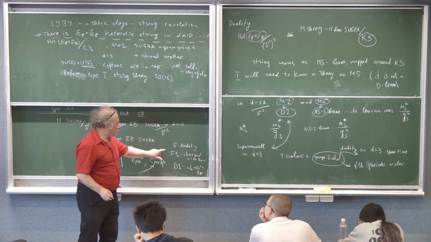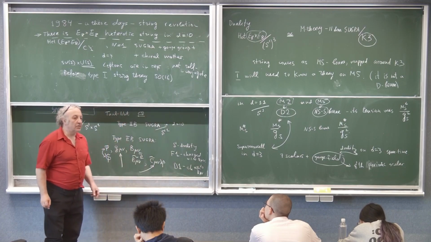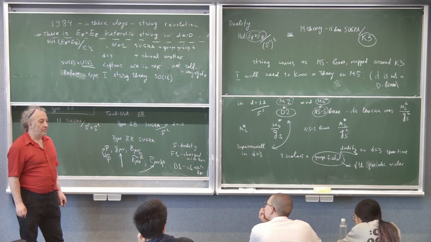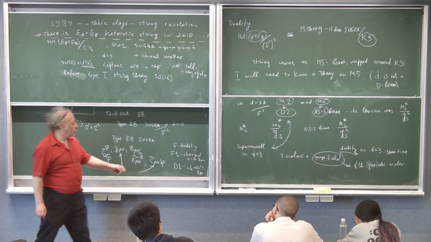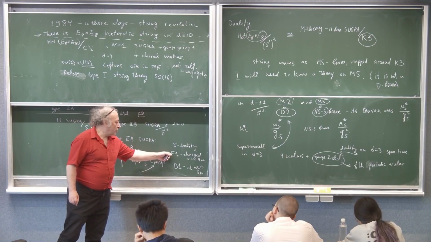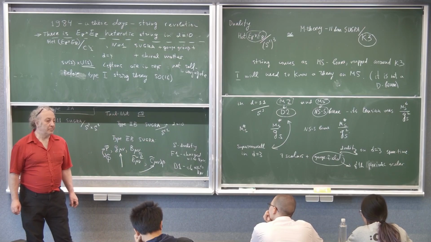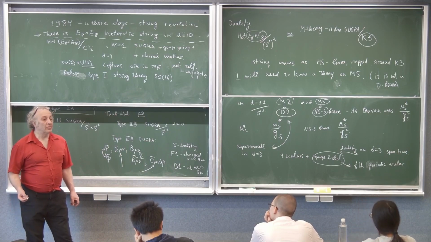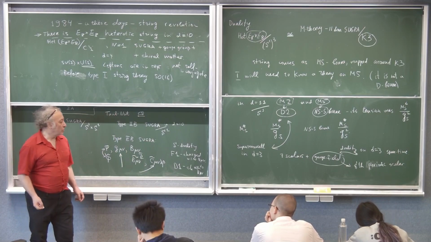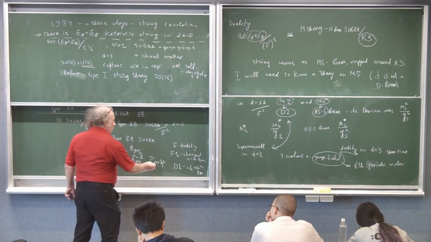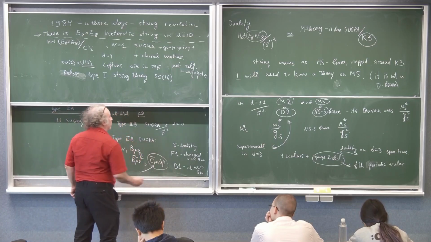And under S-duality, they were interchanged. In particular, the ratio of tensions of these two strings was a coupling constant, computed from the point of view of the string theory, while this thing was invariant.